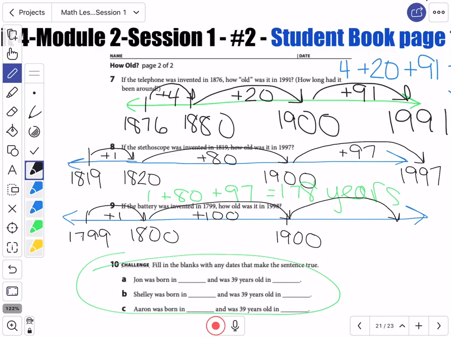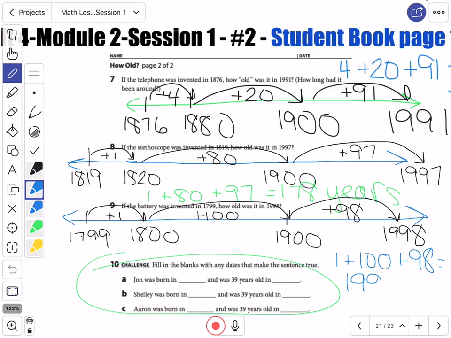I need to get to 1998. So 1998, that's another 98 years. So add those together. 1 plus 100 plus 98. My friends, how many years is that? 199 years old.